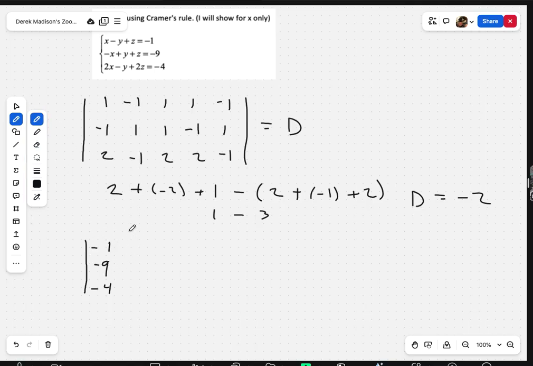And then copy down the next 2 columns, and then repeat these 2. So -1, -9, -4, and -1, 1, -1. And same thing, I'm going to pause here for a second and just make sure I don't have any miscopies. Nope, that all looks good.